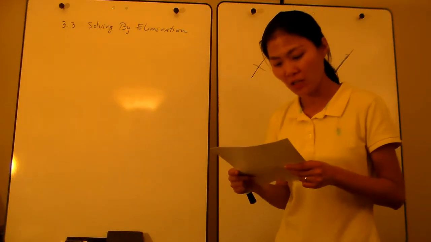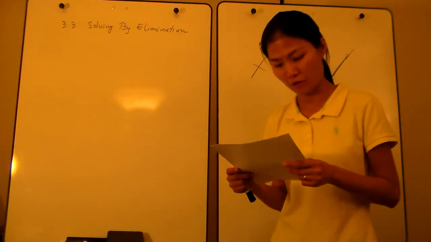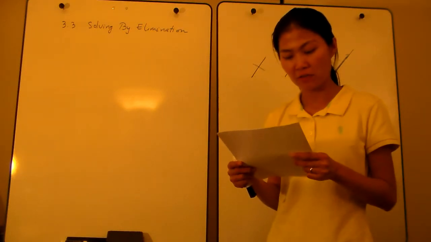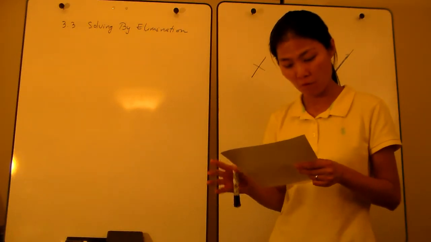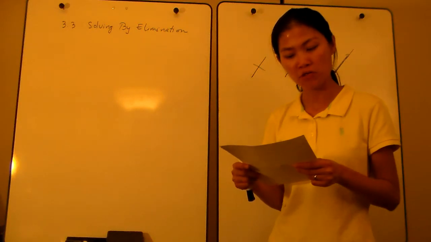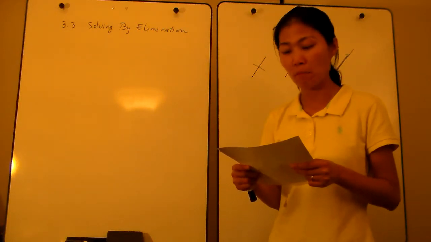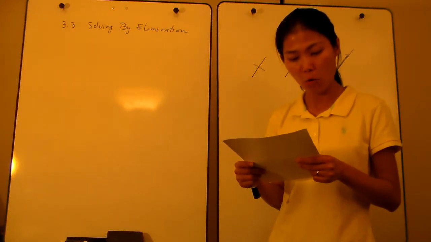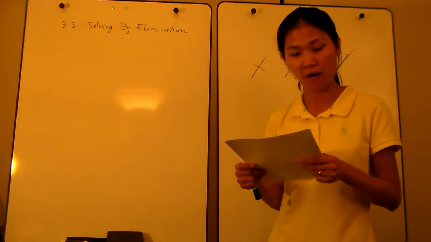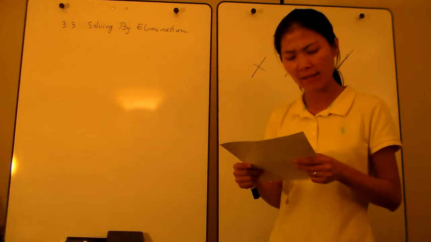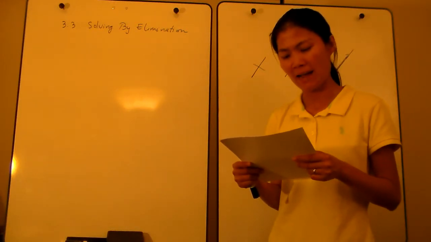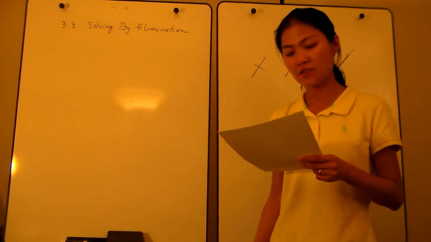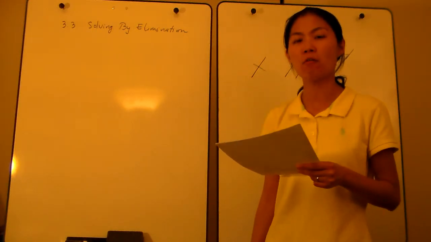Step 2, clear any decimals or fractions. Step 3, choose a variable to eliminate. Step 4, make the chosen variable's terms opposites by multiplying one or both equations by appropriate numbers if necessary. Step 5, eliminate a variable by adding the respective sides of the equations and then solve for the remaining variable.